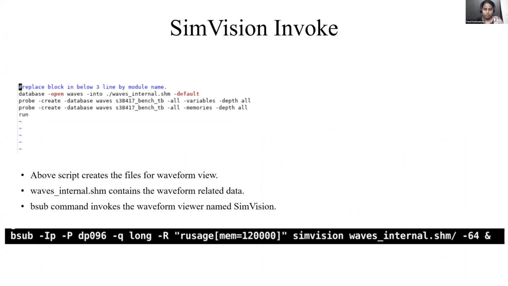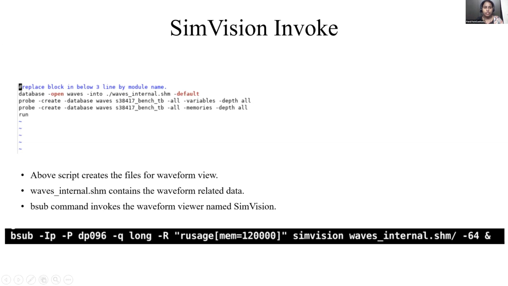Now, if you want to observe something on the waveform, this is the script. The tool that we used is Simvision. First, you create a .shm which will contain your model. In the second step, you tell it what to observe: all the variables, all the hierarchy, all the memory.